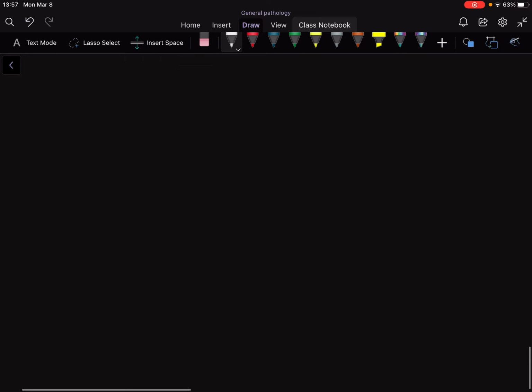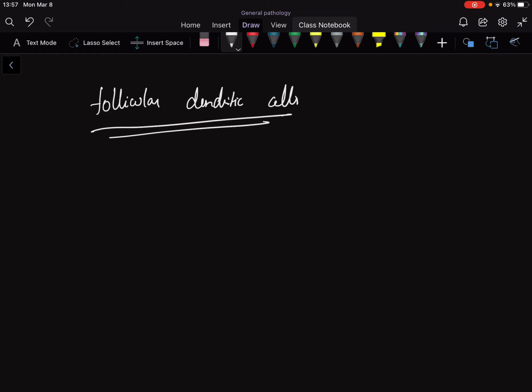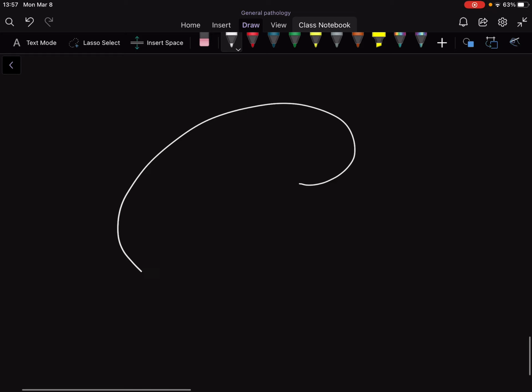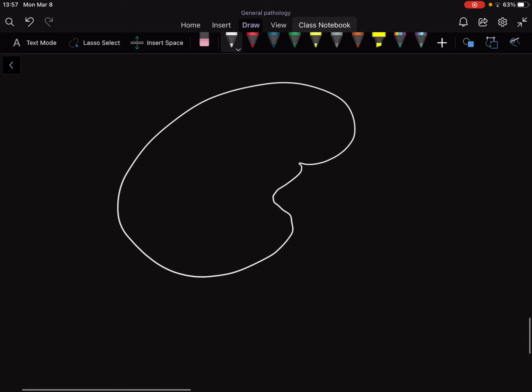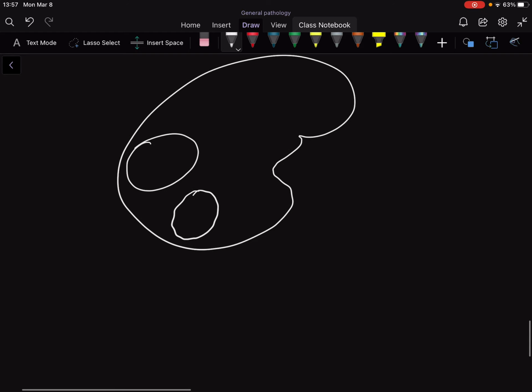Not only that, there are other cells called follicular dendritic cells. So what are these follicular dendritic cells? Suppose this is a lymph node here. This lymph node has follicles. So this is a follicle and here is a follicle, and this primary follicle will eventually mature into a secondary follicle.